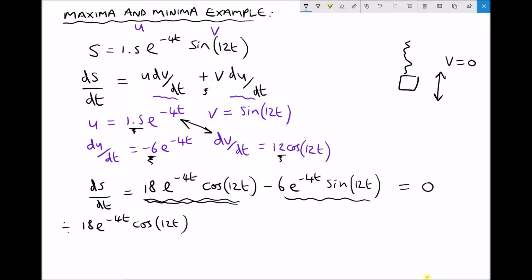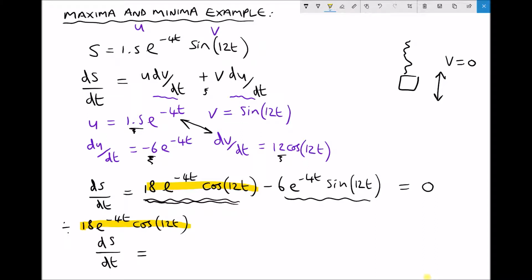So what's that going to leave us with? Well, if we divide anything by itself, here we have 18e to the minus 4t cos 12t divided by 18e to the minus 4t cos 12t. It doesn't really make any difference what we divide by itself.